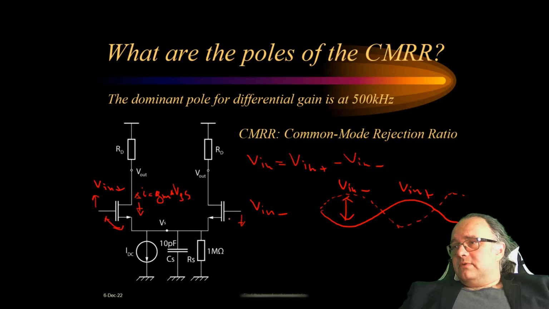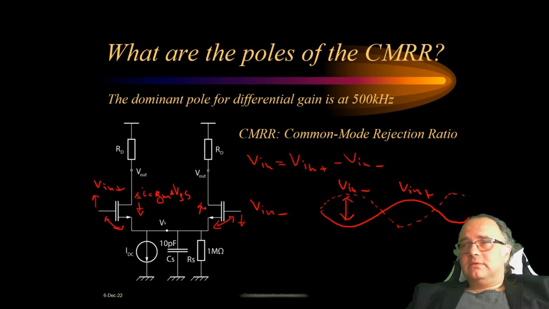Because this VGS became a little bit smaller, this current will decrease. Here, because we have more current flowing, there will be more voltage drop across this resistor, and this voltage will have to go down.